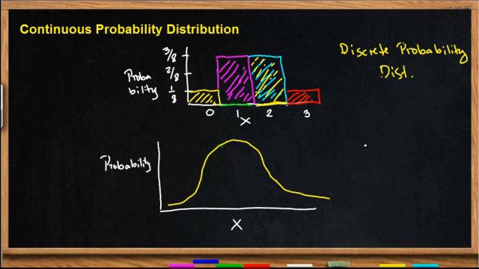So let us try to look also at this one. This is the probability distribution curve for a continuous probability distribution.